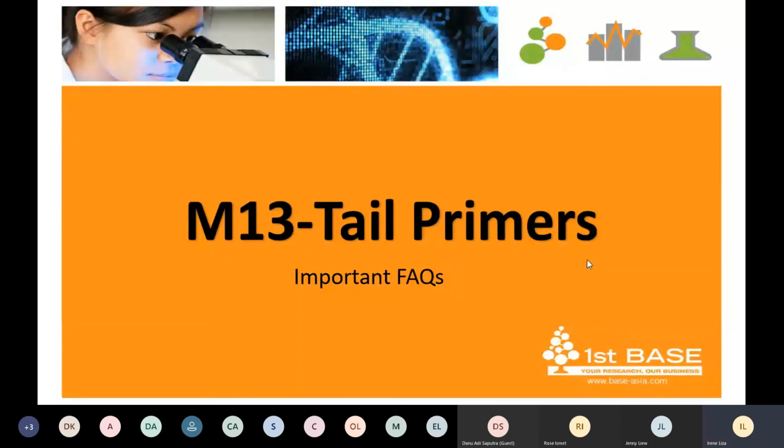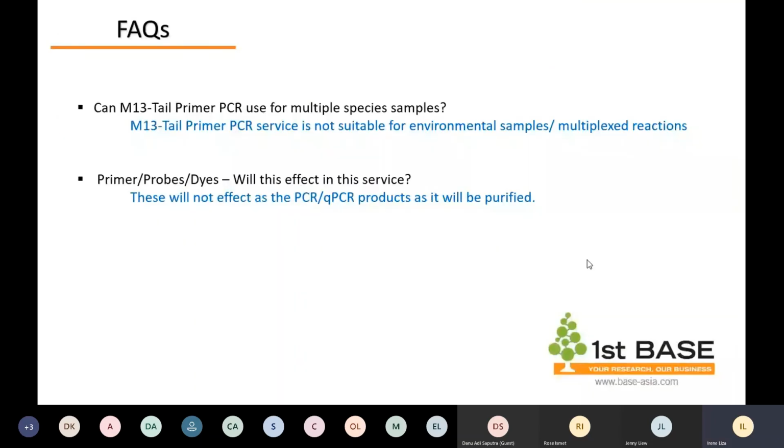So what are some important questions that we sometimes get from our customers? Can M13 tail primers be used for multiple species samples? M13 primer is not used for sorting purposes, so it is not suitable for environmental samples or multiplex reactions. Basically, as long as it is a pure sample, a single intact band, yes, you can submit it for this particular service.